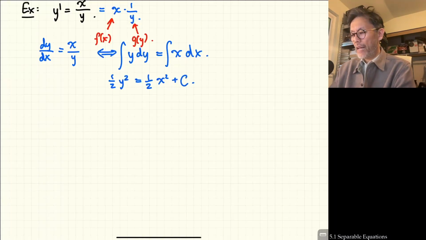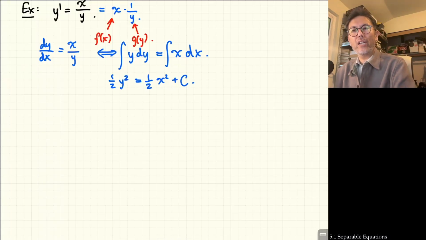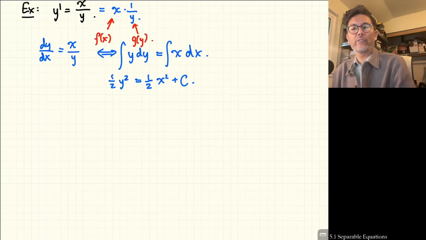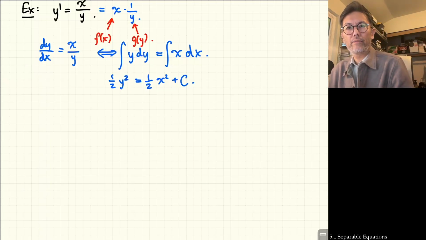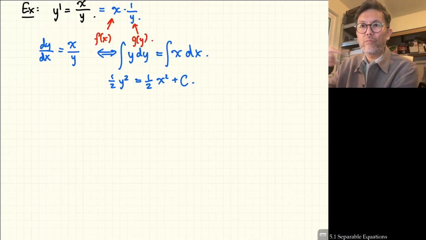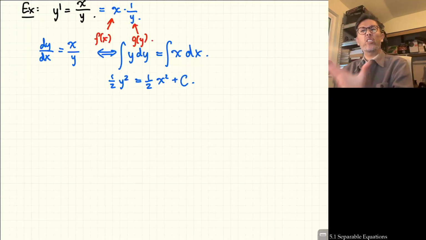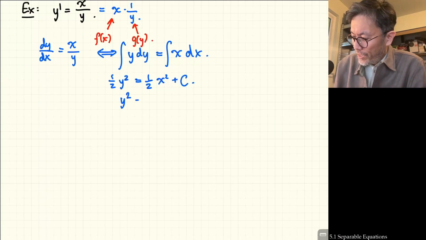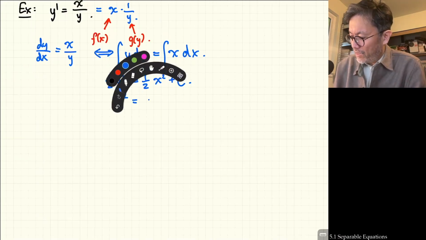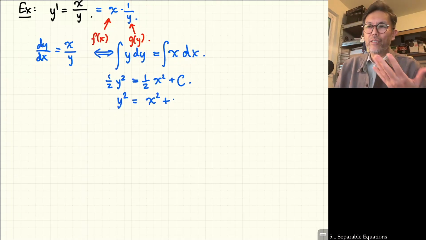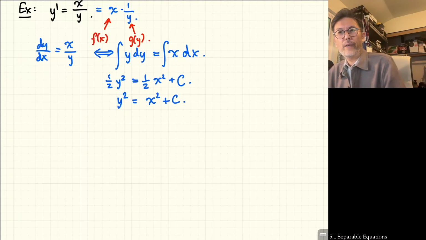I would get an additive constant of integration from the other side, but I'm just going to glom them together into a single additive constant of integration on that side. Okay. Next thing I'm going to do is multiply both sides by 2. I'm now in the process of trying to solve for y. So y squared is equal to, so 2 times this is x squared plus 2c, but 2 times c is the same thing as c. Okay.